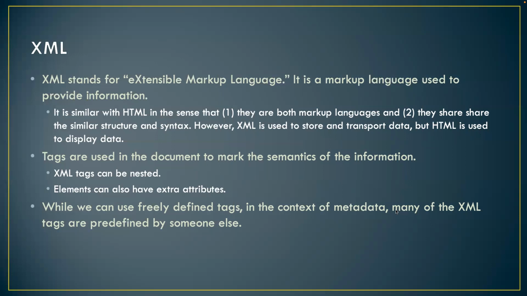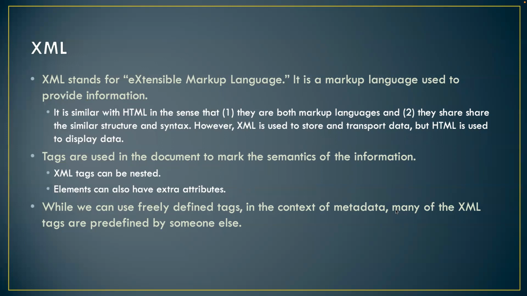The other really important thing about XML is that in a self-designed XML file, for example, if we just want to create an XML file for our own purposes, we can definitely use freely defined tags.